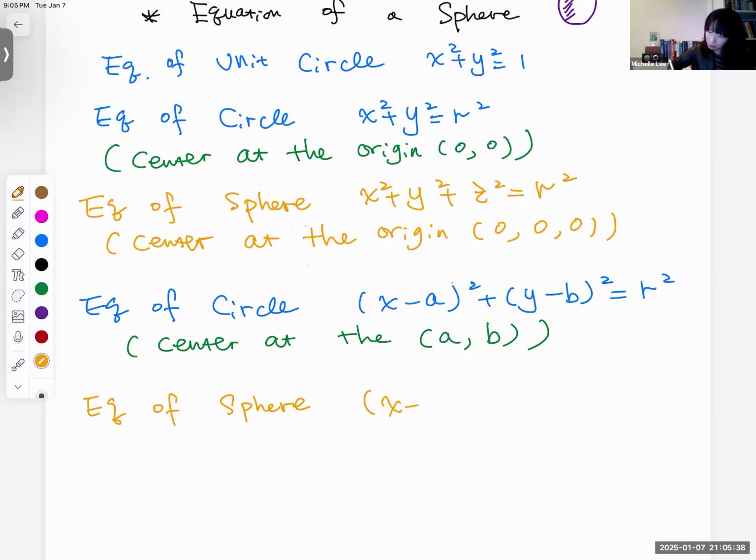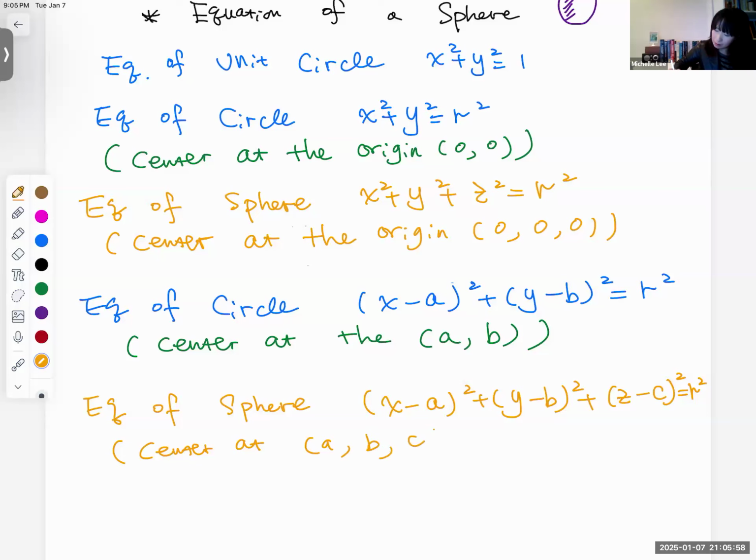So there will be (x minus a) squared plus (y minus b) squared plus (z minus c) quantity squared equals r squared, right? So the center is at (a, b, c). We call this the standard equation of a sphere.